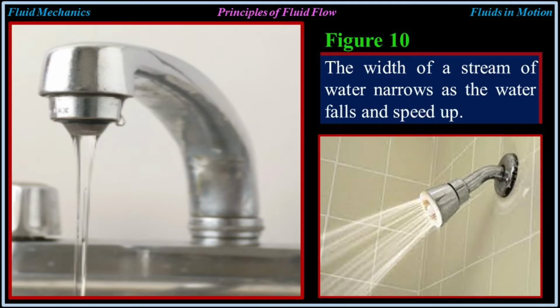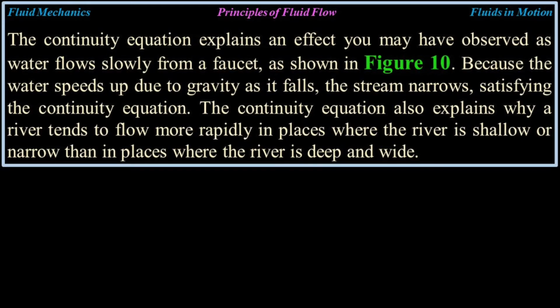The width of a stream of water narrows as the water falls and speeds up. The continuity equation explains an effect you may have observed as water flows slowly from a faucet, as shown in Figure 10. Because the water speeds up due to gravity as it falls, the stream narrows, satisfying the continuity equation.